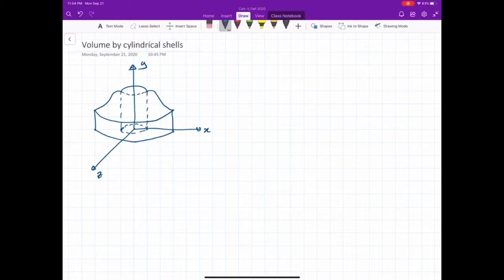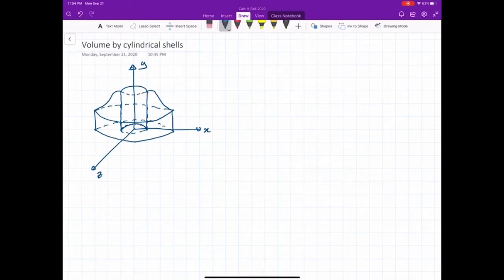You can visualize it. It has a hollow interior. That is the empty interior. All right, so let's see how to compute the volume of this.